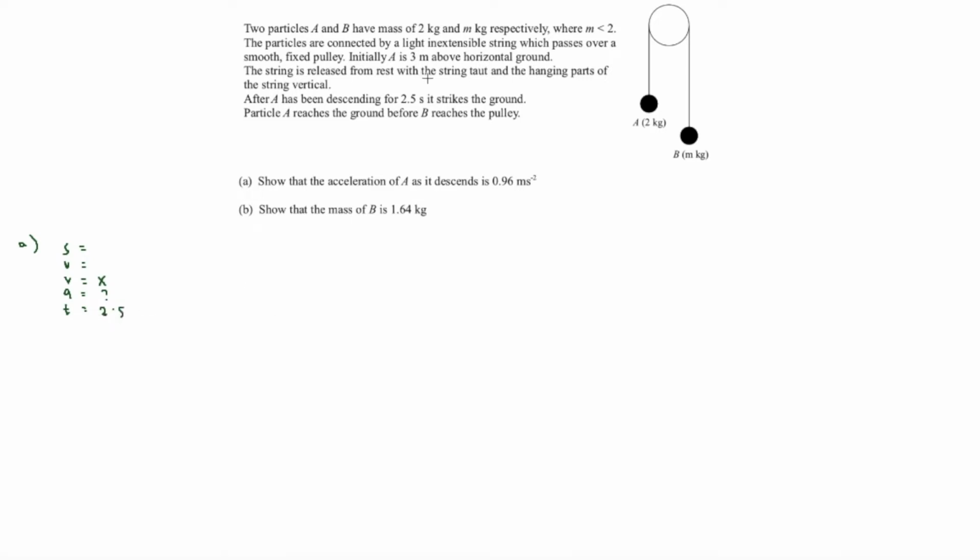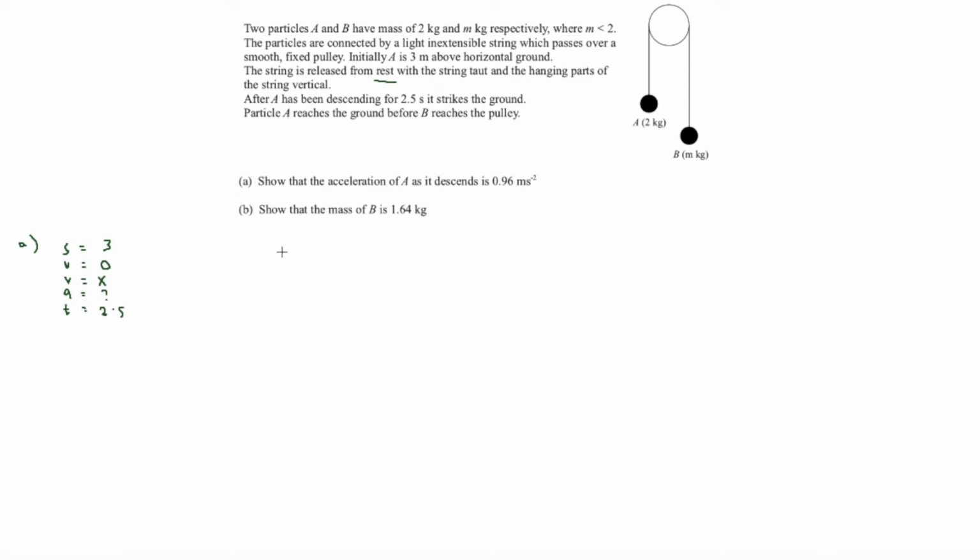The initial velocity is going to be 0, again because it says it is released from rest. And then s is going to be 3, because it strikes the ground and it started 3 meters above.